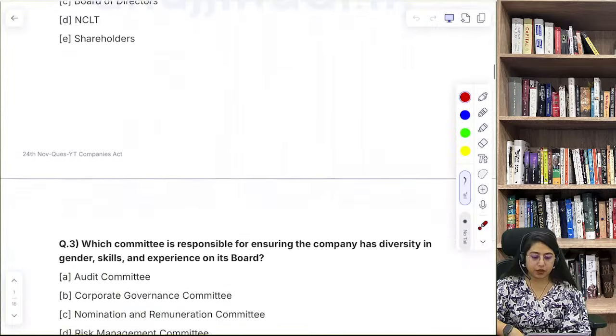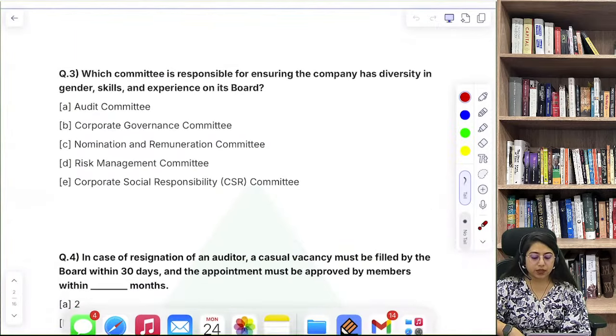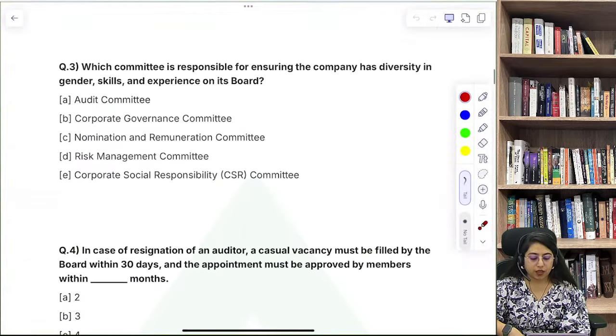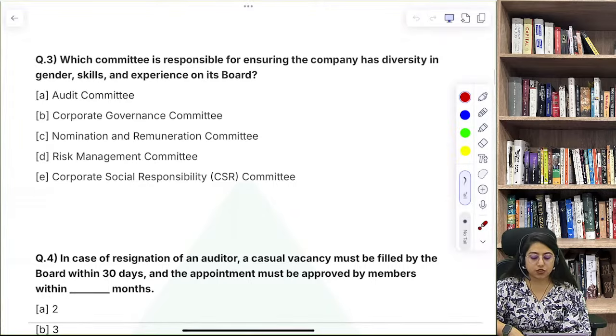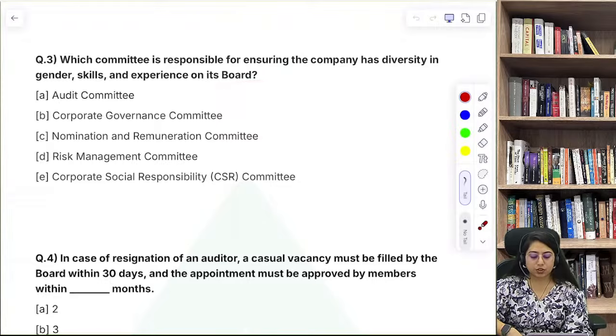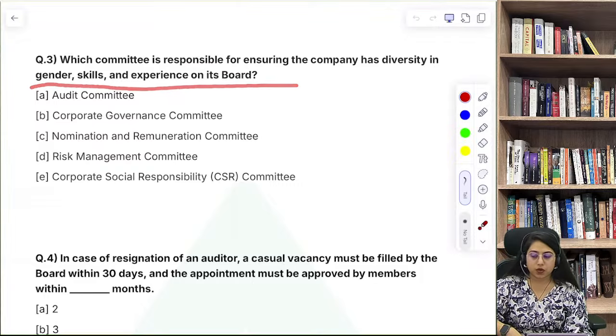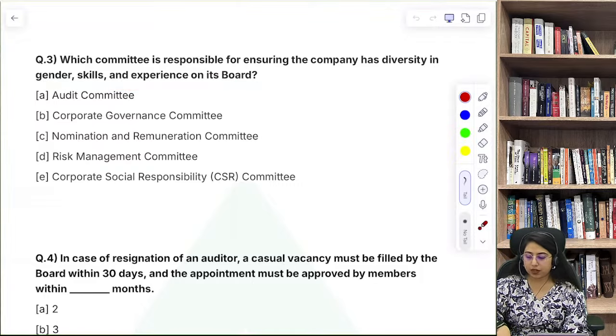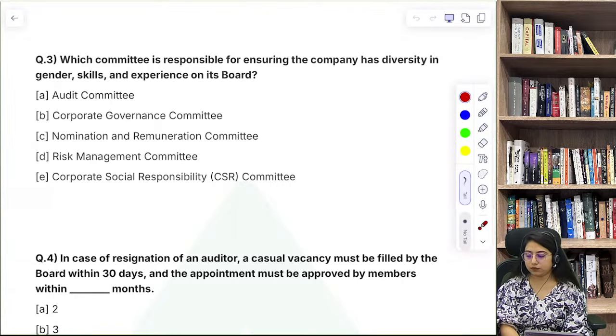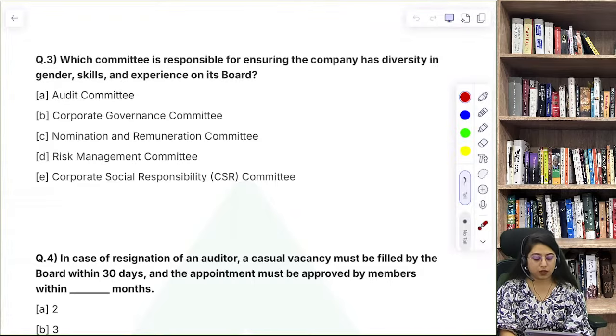Question number 3. Which committee is responsible for ensuring that the company has diversity in gender, skills, and experience on its board? Very easy question.